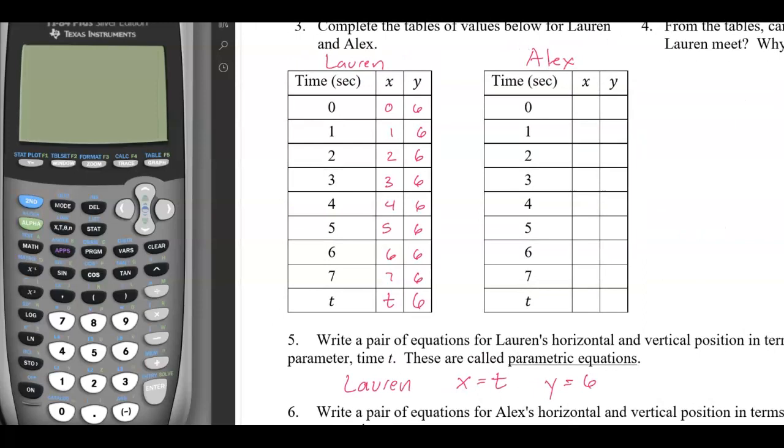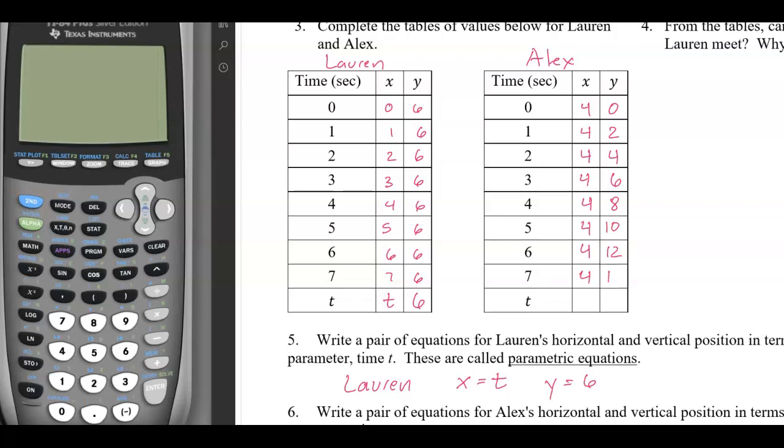Where is Alex at time 0? (4, 0). At time 1, (4, 2). I'm sorry, time 2, (4, 4). At time 3, (4, 6), then (4, 8), (4, 10), (4, 12), (4, 14).